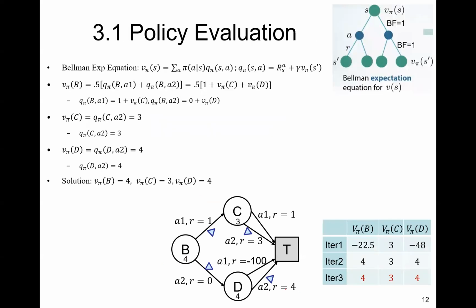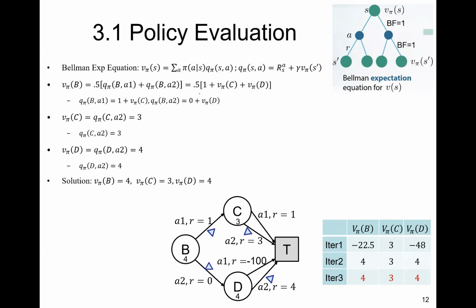Now do another round of policy evaluation. And from B, you have 2 equally good actions. So now you take an average.